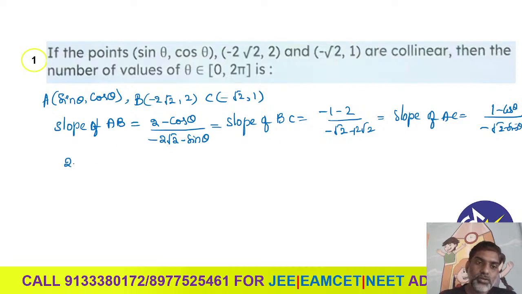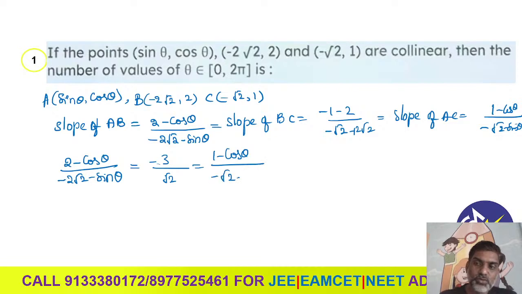So 2 minus cos theta divided by minus 2 root 2 minus sin theta equals minus 1 divided by root 2, which equals 1 minus cos theta divided by minus root 2 minus sin theta.